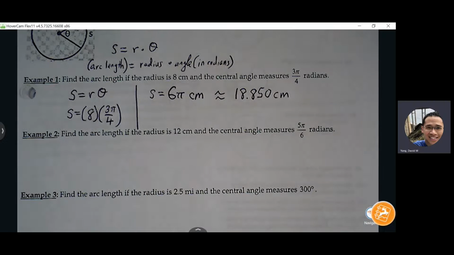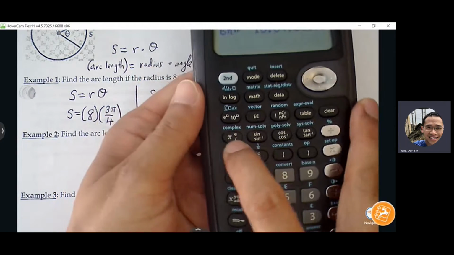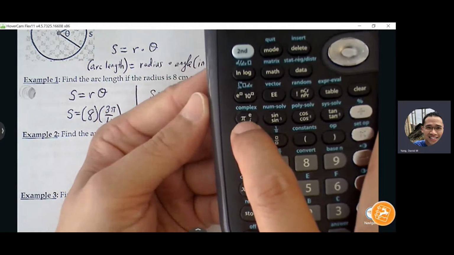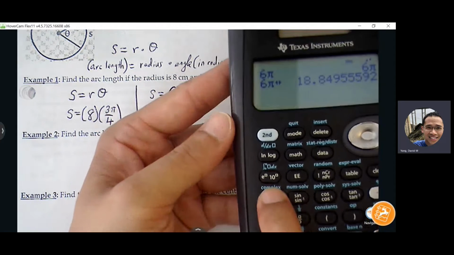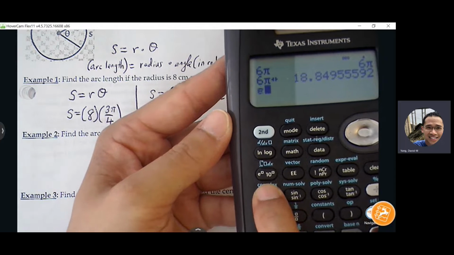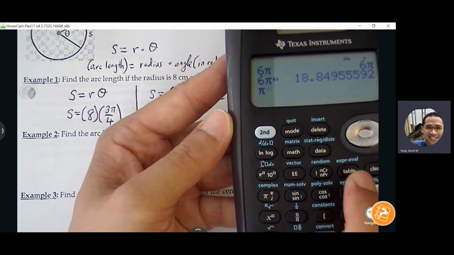Okay, try number 2. You show how to do pi. On your 36 Pro, pi is right there. You see that first column there, pi. Now, if you tap it a couple times, you're going to run through a couple of variables or double notations, but if you hit it once, it'll just be pi.